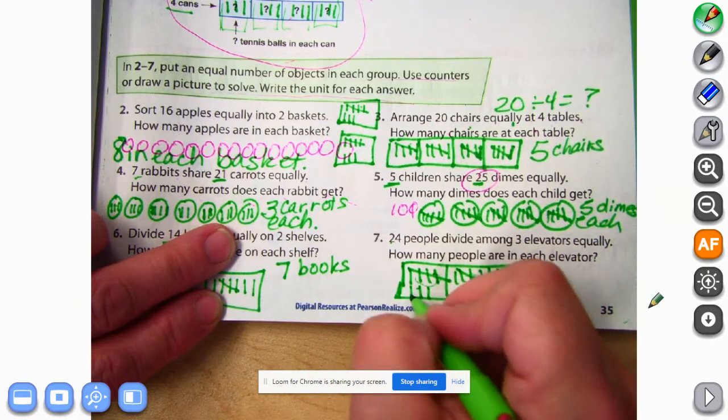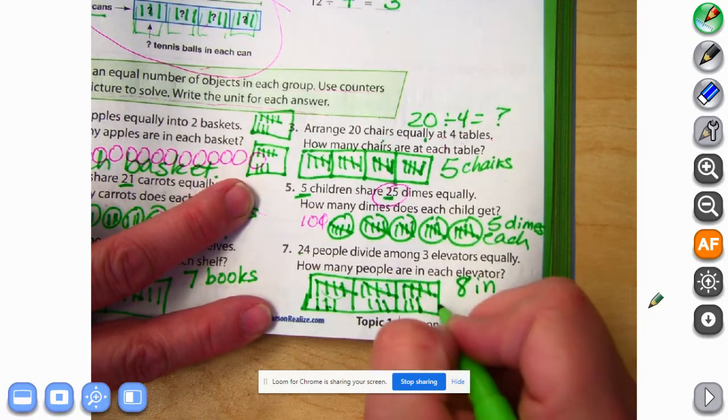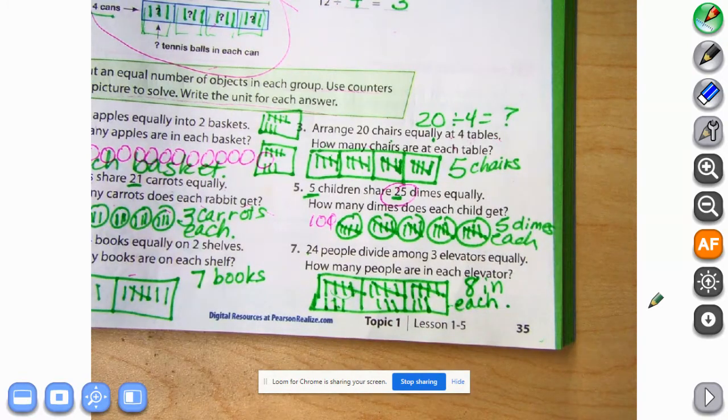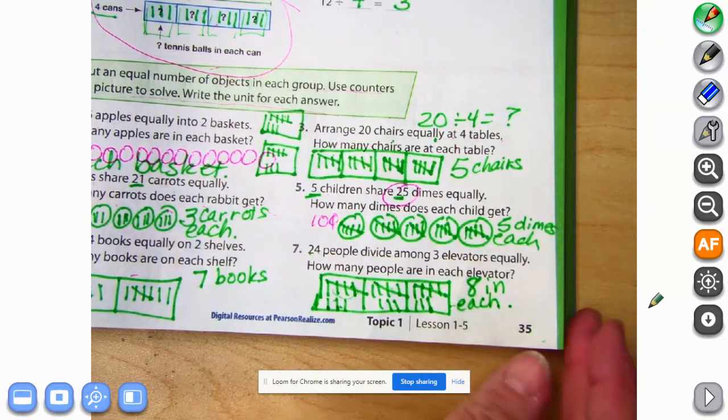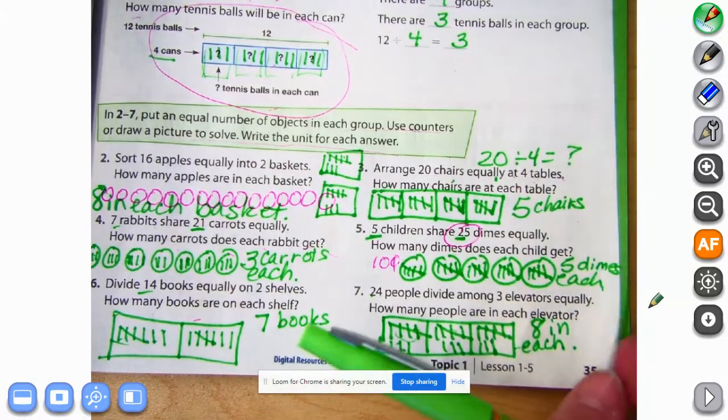That's 5, 6, 7, 8. There's 8 in each. 8 in each elevator. Okay? Go ahead and pause it if you need to get your things written down.